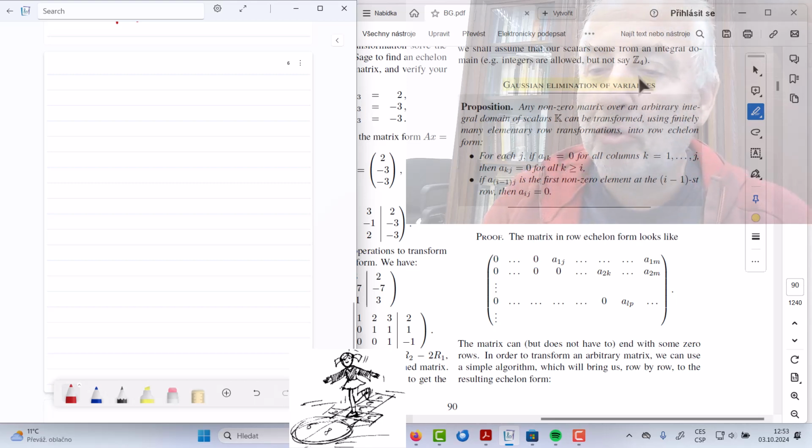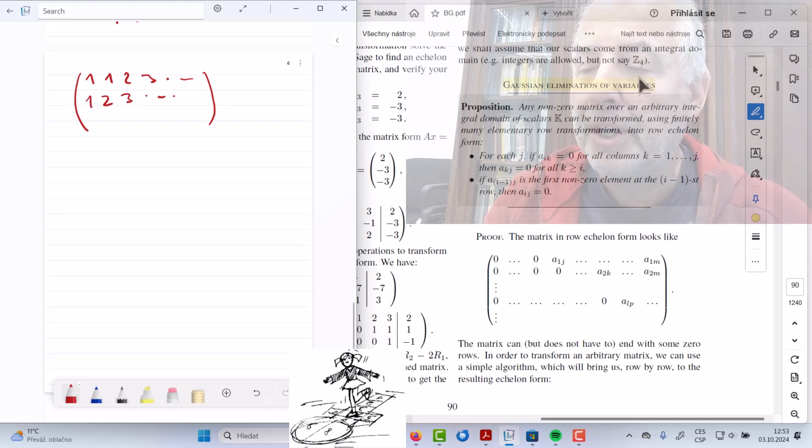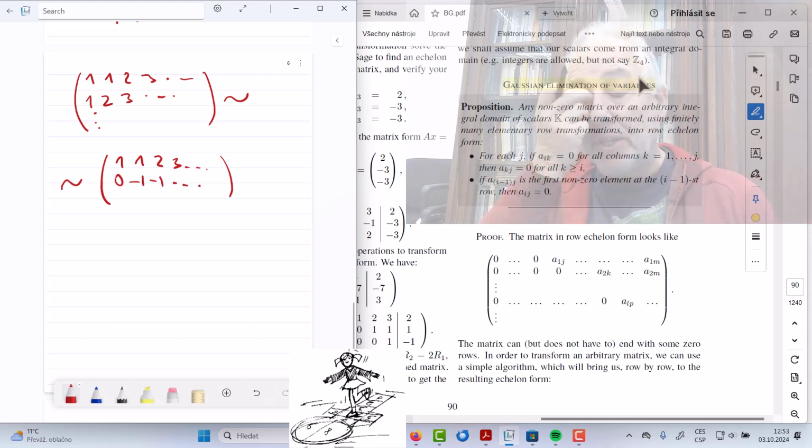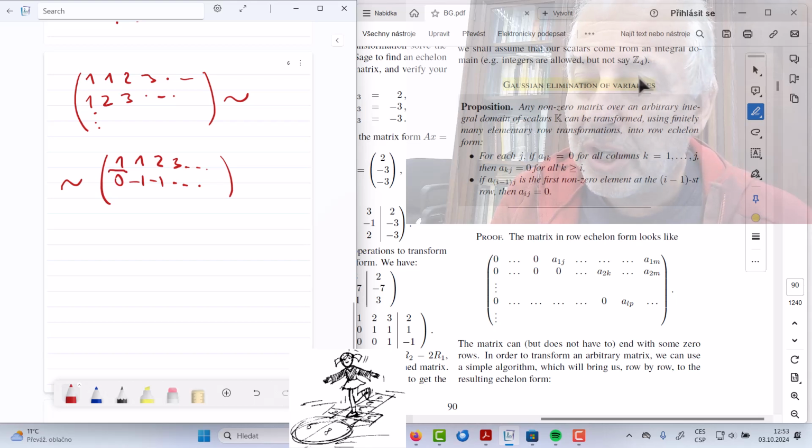And the row echelon form is done in such a way that, for example, if you have a matrix, it will be 1, 1, 2, 3, and so on, and the second line would also be 1, 1, 2, 3, and so on, and it will go further. So I can do the change in such a way that I replace the second line, I copy the first one and replace the second one, so that I subtract the first one from the second. So it will be 0, -1, and so on, right? And you see what I achieved is I got the 0 here.